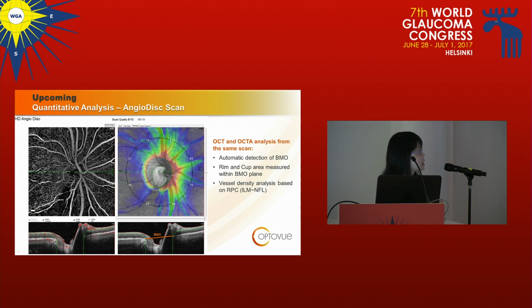We also developed quantitative analysis. Previously, we had quantitative analysis for the retina scans, but now we are also providing it for the disc scans. Because the OCTA volume contains both vasculature information and structural information, we aim to provide both sets of analysis from the same scan. So you can get density analysis on the RPC layer.